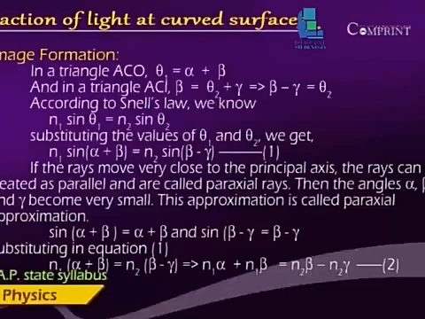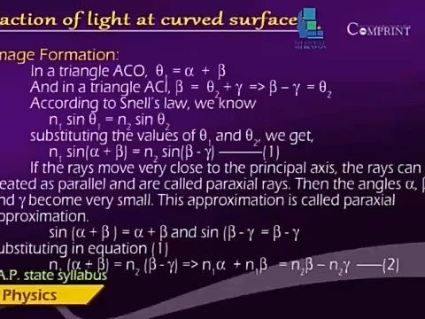If the rays move very close to the principal axis, the rays can be treated as parallel and are called paraxial rays. Then the angles alpha, beta and gamma become very small. This approximation is called paraxial approximation.